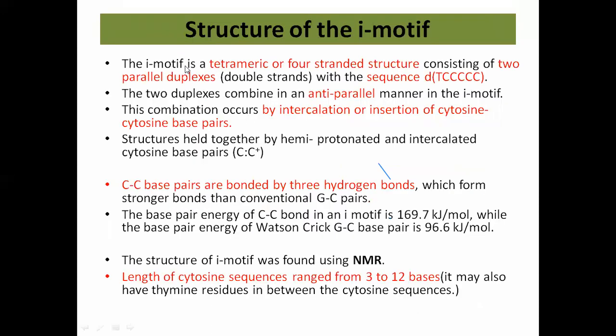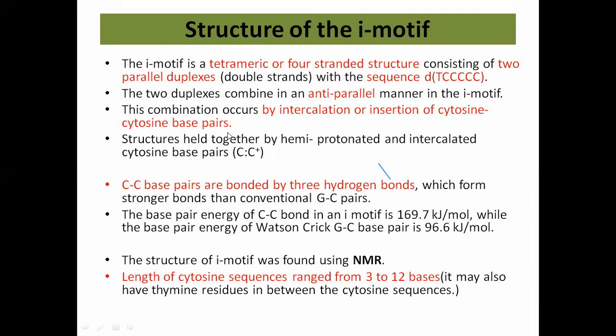And coming to the structure of I motif, it has sequences CCCCC. Okay, and the two duplexes combine in an anti-parallel manner. The combination occurs by intercalation or insertion of cytosine-cytosine base pairs. This we have already discussed.